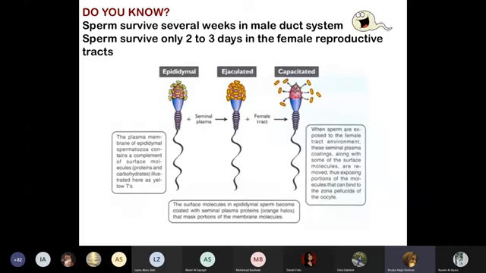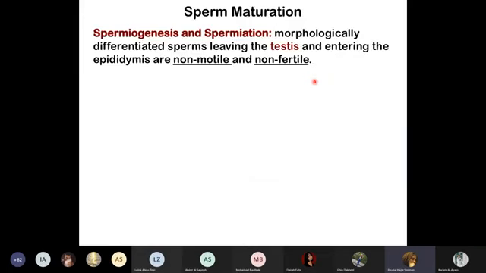Why am I mentioning this? Because this is very important. Capacitation is one of the steps that are very important for the sperm cell to become a fertilizing sperm. Now, after spermiation, the sperm is morphologically differentiated. It leaves the testes and the seminiferous tubule and enters the epididymis.